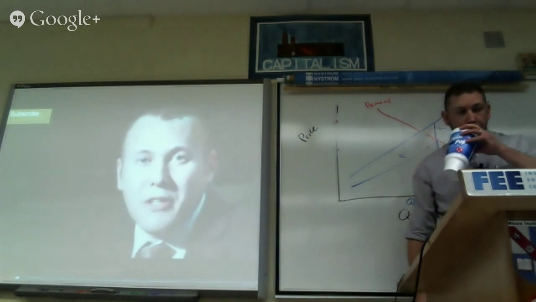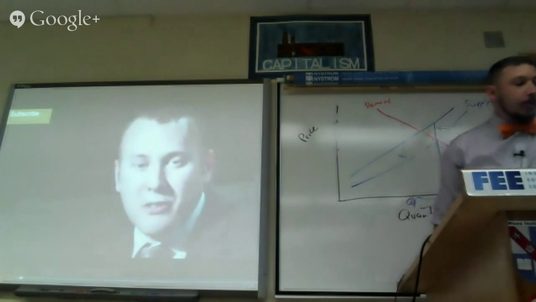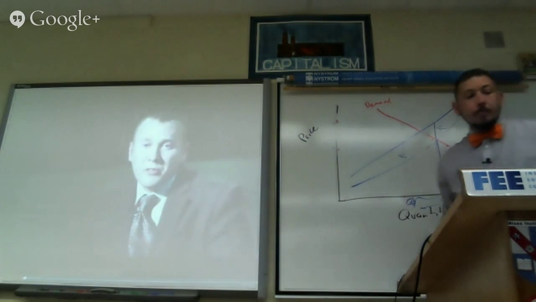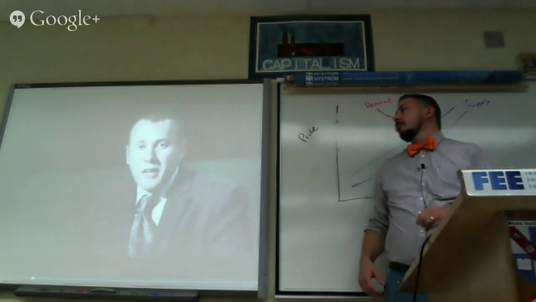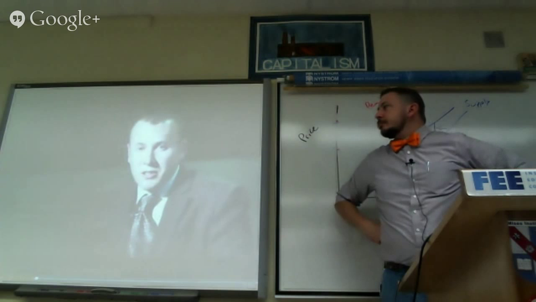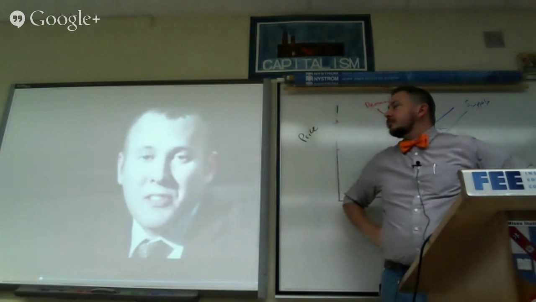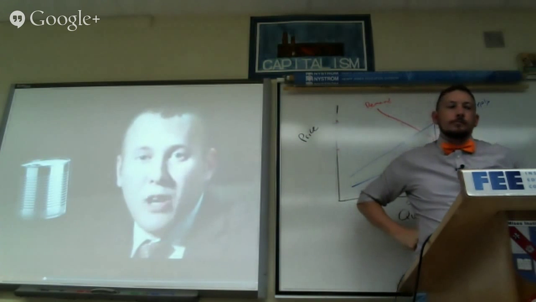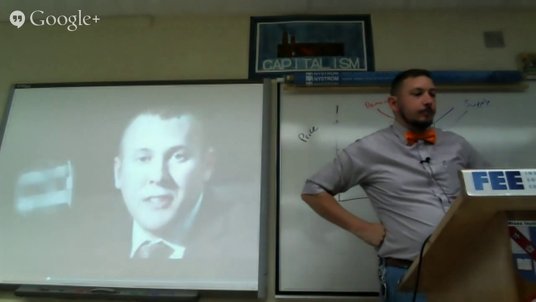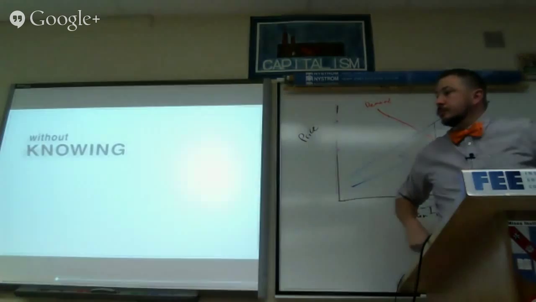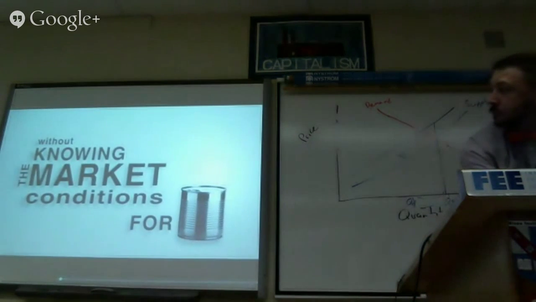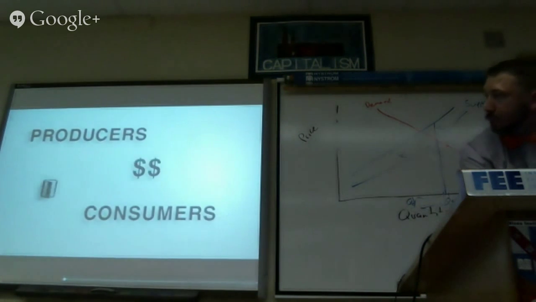Without even knowing the intricate market conditions of every good and service produced and consumed, and all the resources used to produce them, producers and consumers around the world alter their behavior to even small changes in market conditions via the price system. For example, tin is a resource used in many of the products we consume on an everyday basis. Yet many consumers and even producers know little about the market for tin.